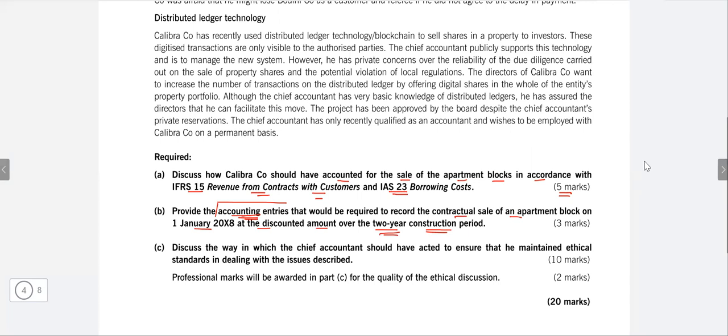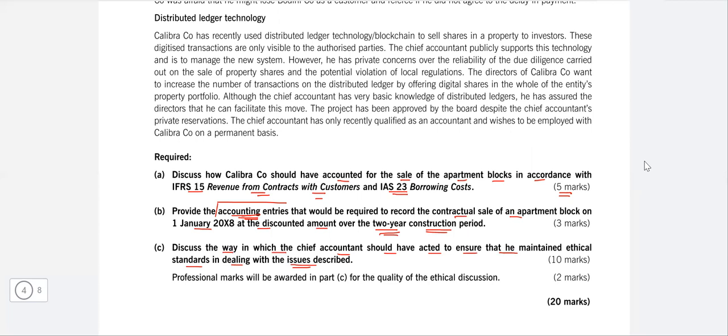The C requirement is: discuss the way in which the chief accountant should have acted to ensure that he maintained ethical standards in dealing with the issues described. Now, we know that in Section A, question number 2, we have the ethics part.